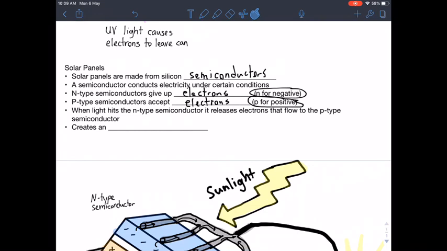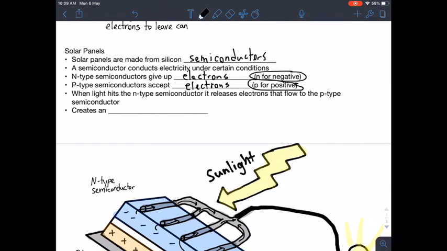And then those electrons that have now been released, if you can use a wire to give them a path to a P-type semiconductor, then they can be accepted by the P-type semiconductor. And what you essentially create is a battery that works whenever there is light shining on those two semiconductors. And that's what a solar panel is.